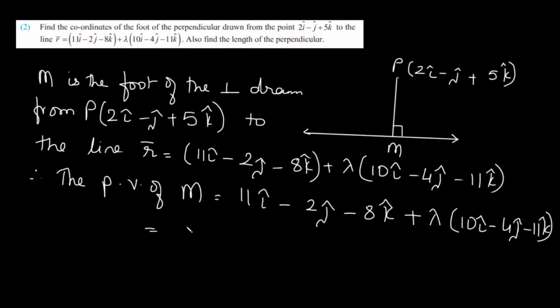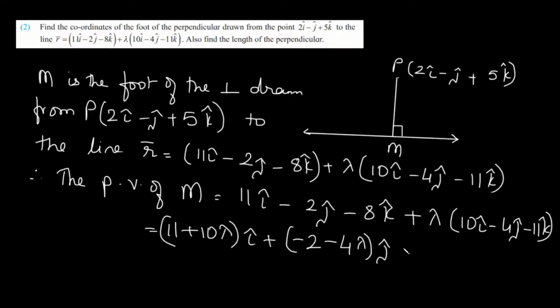So it becomes 11 plus 10 lambda i, because the i terms are 11i and 10i lambda, plus minus 2 minus 4 lambda j, and plus the k terms, that is minus 8 minus 11 lambda k. So the position vector of M can also be written this way.